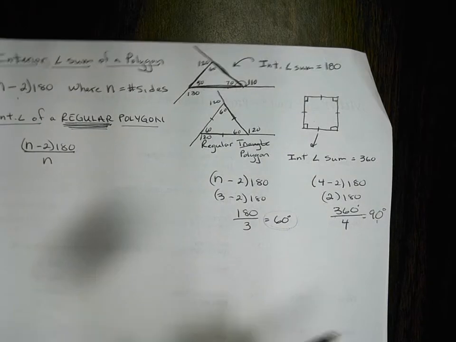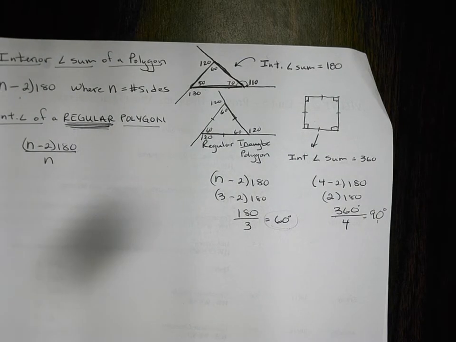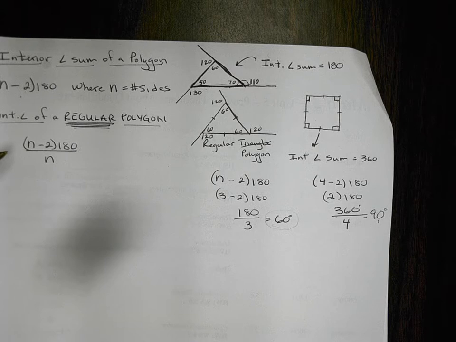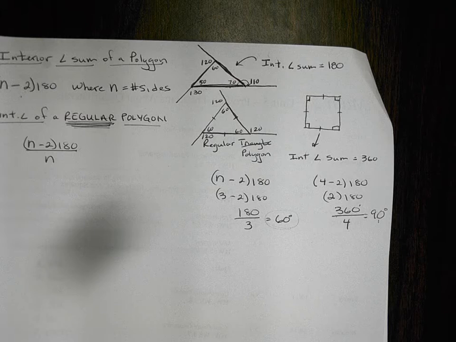Okay, so we have a formula to find the sum of the interior angles of any polygon. We have a formula to find one interior angle of any regular polygon. Remember, that only works with regular polygons. And now we're going to come up with a formula to find the sum of the exterior angles of any polygon.